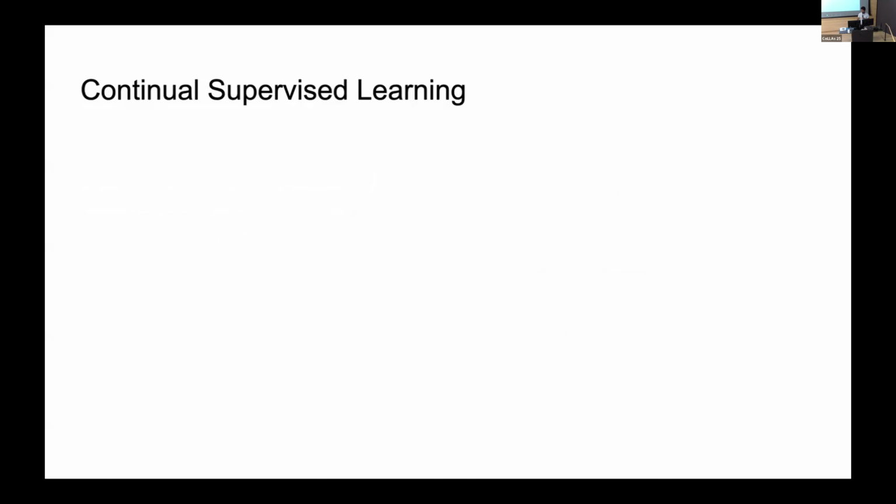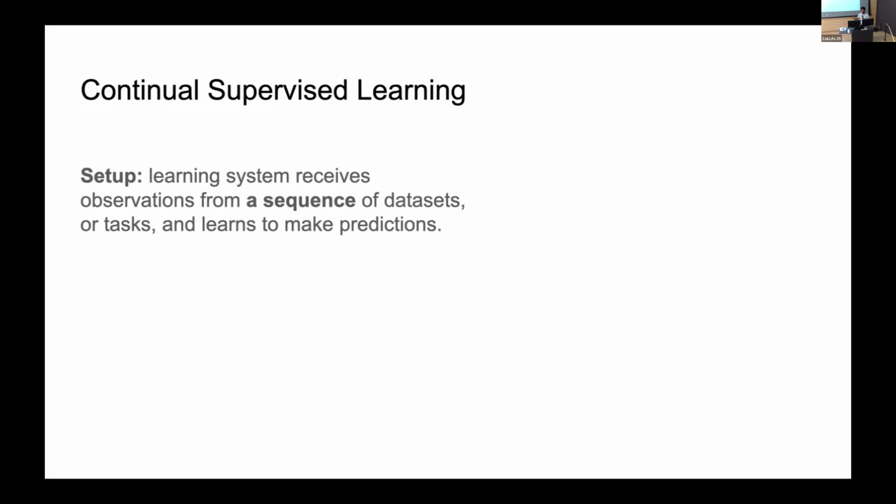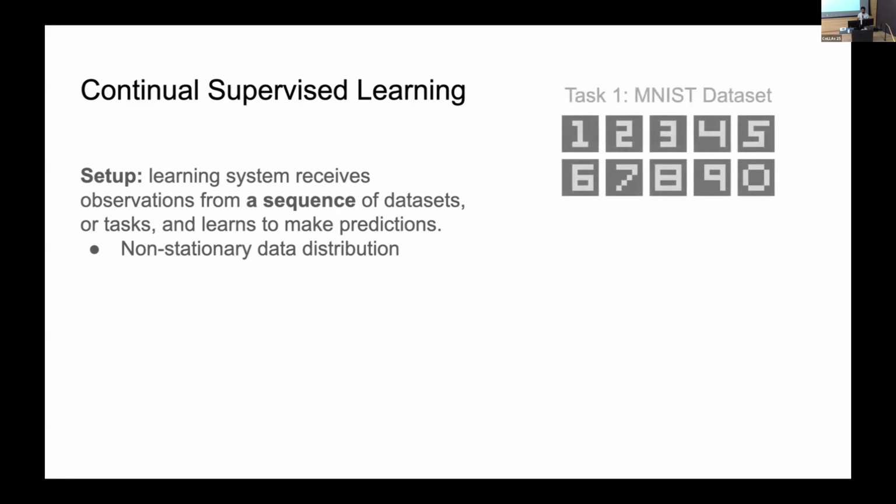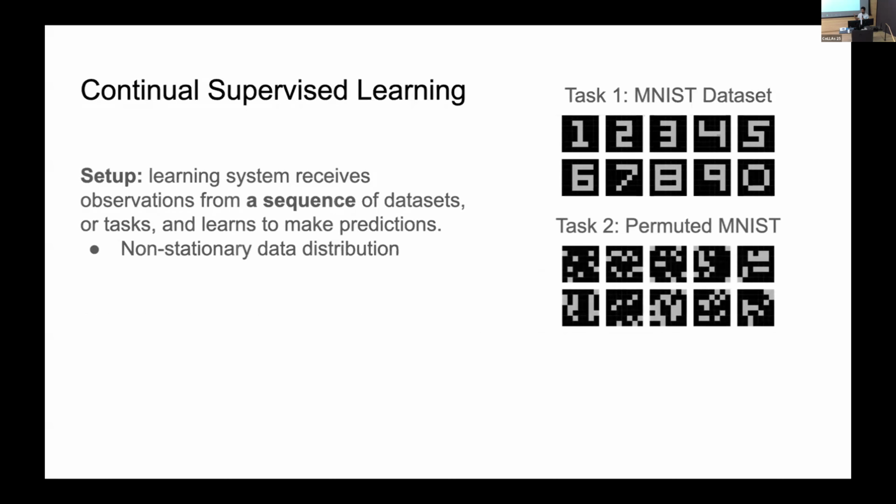So when you have continual supervised learning, you have a sequence of such data sets. And the key idea is that these data sets or tasks are non-stationary, so they're changing over time, and you have to keep learning new things. So one simple example is you start with the MNIST data set, and then you permute all the pixels in a certain way.